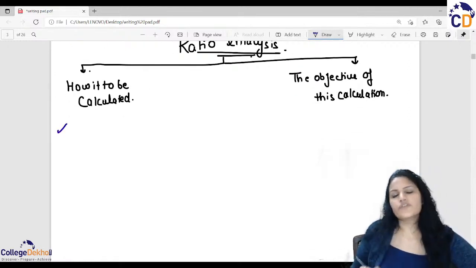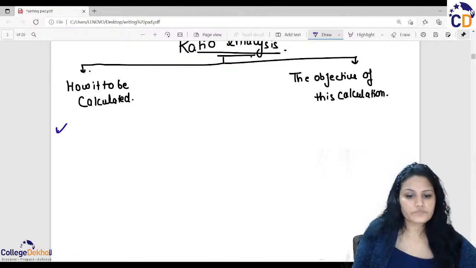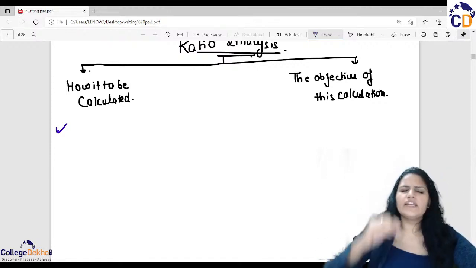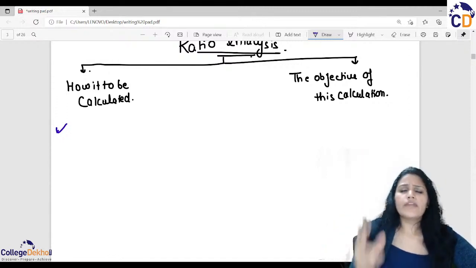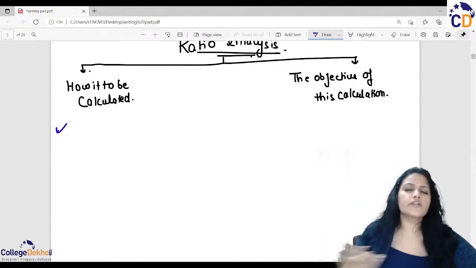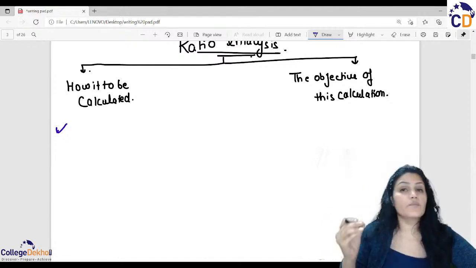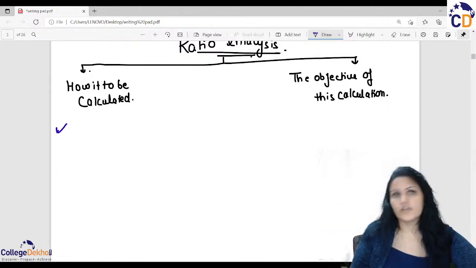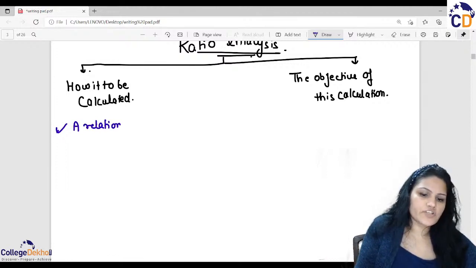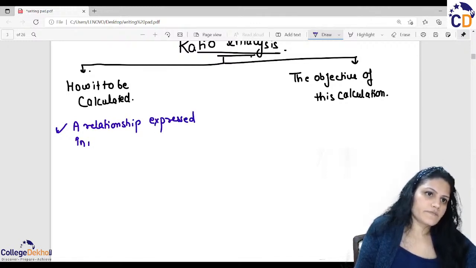First reason, a relationship expressed in mathematical terms. Whatever the relationship is between any two terms, that would be converted into a mathematical term. Let's suppose I am continuously giving the example in today's class of the profit in terms of the turnover. So first point: a relationship expressed in mathematical terms.